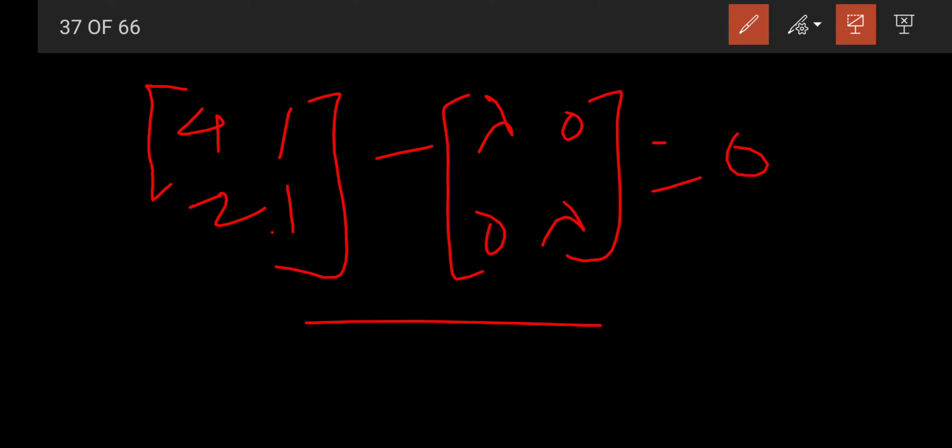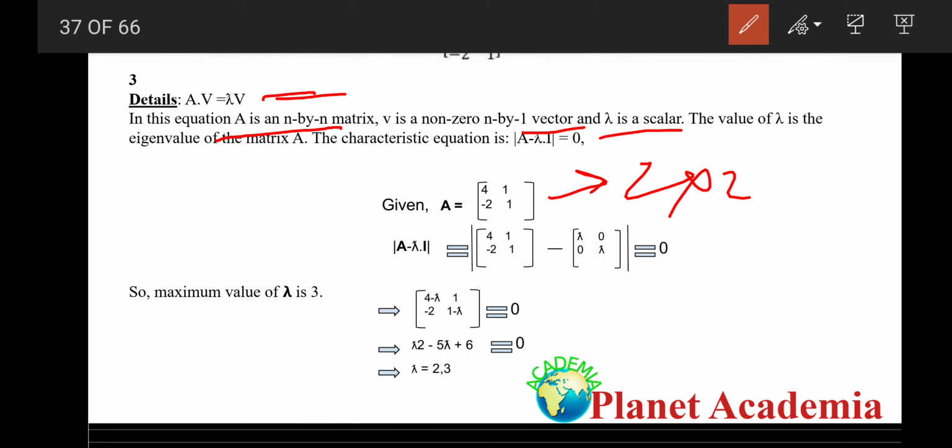Now see here, everything is given. See, this is given. Now how to attain this? This has lambda square. So how to solve this? How to get into this? See this.